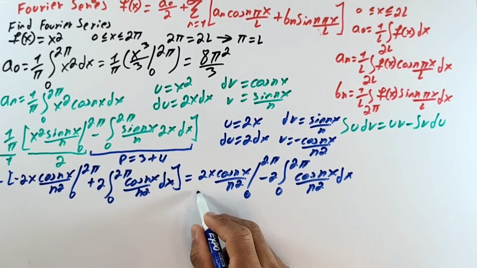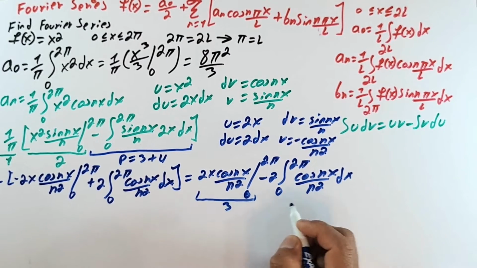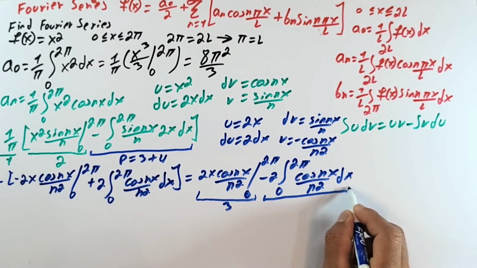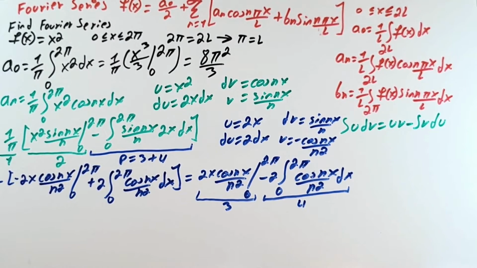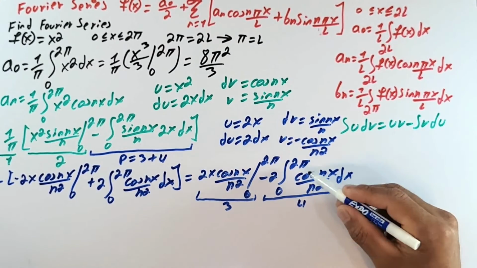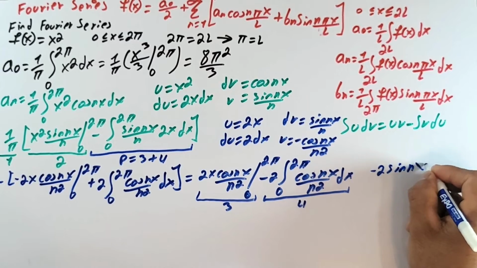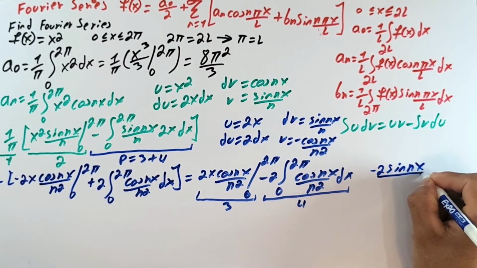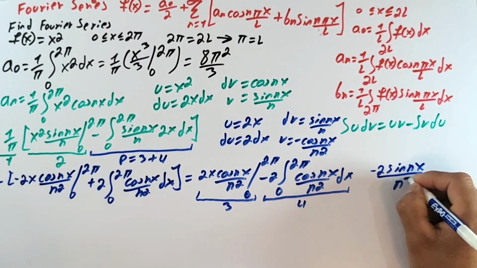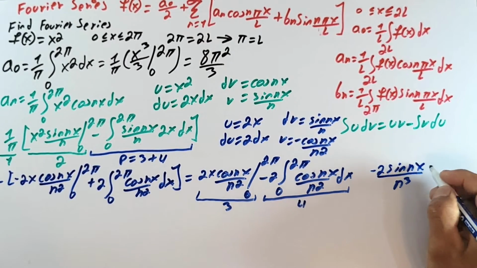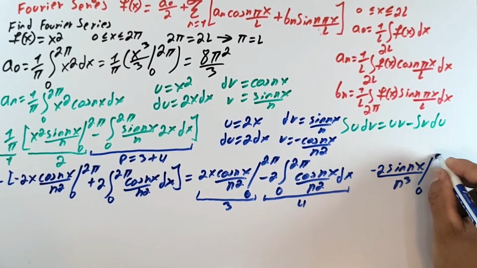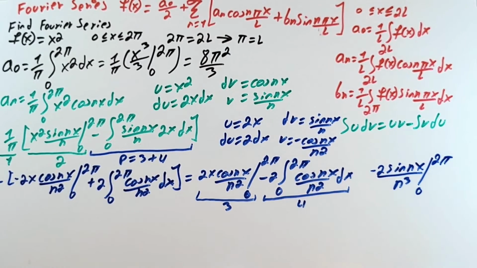So now I can label this as 3 and this as 4. Now, what is 4? 4 is given by this integral, and we have minus 2 sine nx over n cubed, because we have n squared, evaluated from 0 to 2 pi. Okay. So now we have to add 1, 2, 3, and 4.